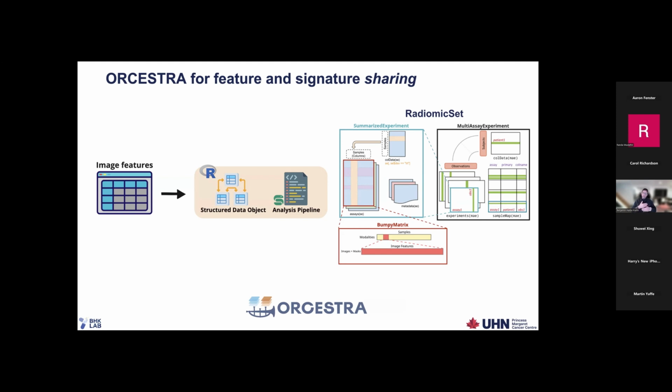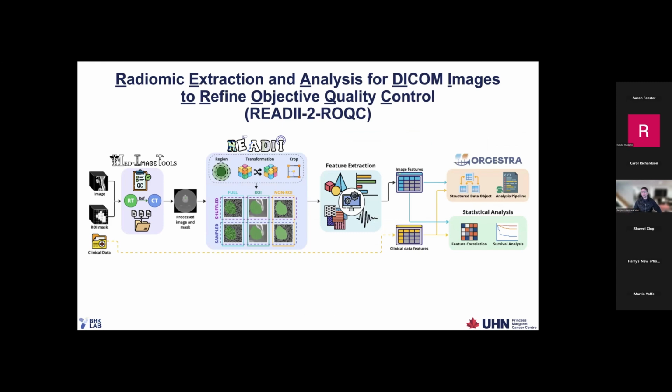Now we have this NumPy matrix where each voxel has an additional dimension, which is all the negative controls. The object is pretty heavy now, but the data are directly accessible for your analysis. We put all that data into Orcestra, a platform where you can see all the code used to generate the resulting data object from the original data. So it's fully transparent and reproducible.